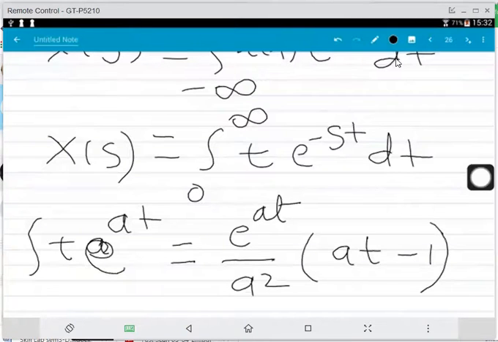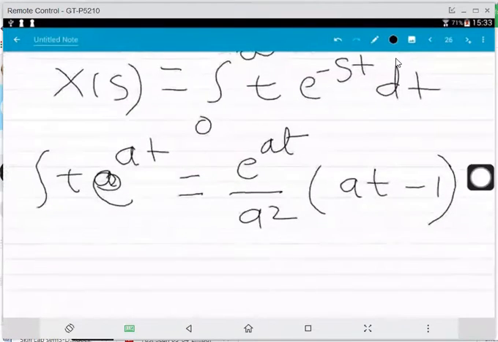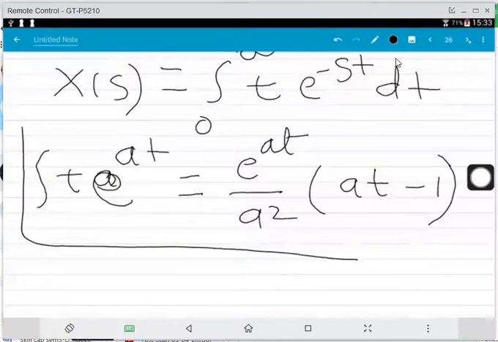So this is a standard formula we have to use to find the integration.